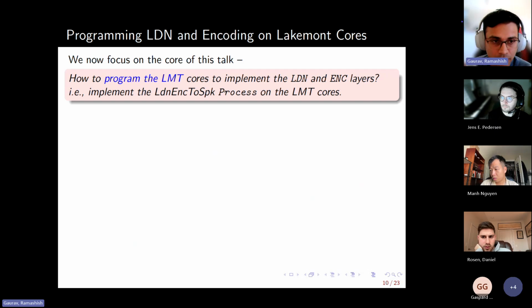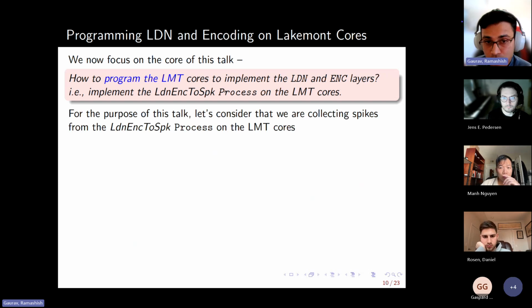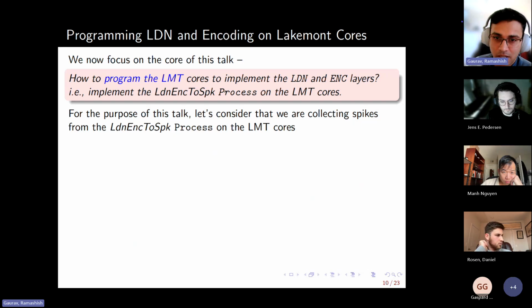Here it's specifically in the context of how to implement the LDN encoding to spike process on the Lakemont cores. For the purpose of this talk, let's consider that we are collecting spikes from the LDN encoding to spike process on the Lakemont cores. The reason I want to constrain myself to implementing just one or two processes on the Lakemont cores is that the implementation details of Legendre-SNN in Lava would go beyond the talk's limit.